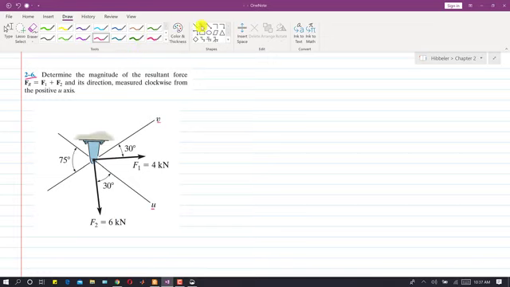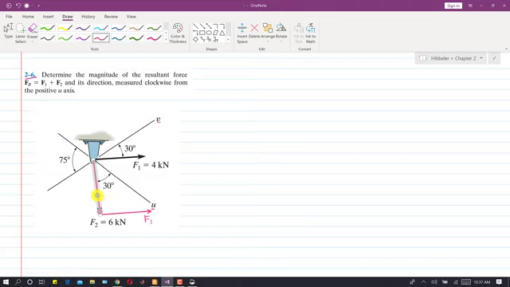So let's suppose I apply the parallelogram law for vector addition, so I have to draw these forces parallel to one another. So I will move this force and place it on the head of this F2, right? So this is that F1, and I will also have to draw this F2 on the head of F1.